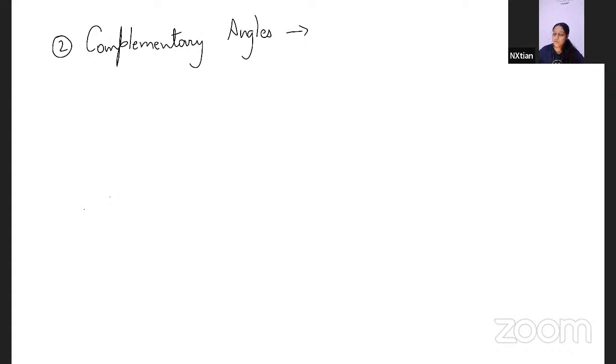Two angles whose sum is 90 degrees are complementary angles.